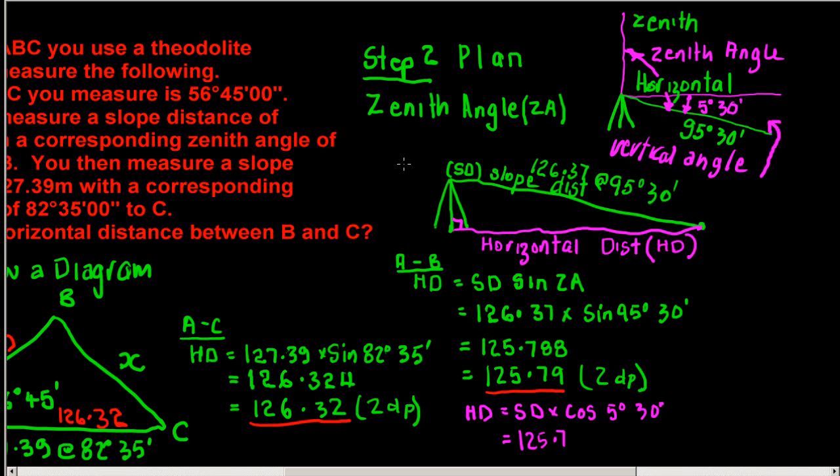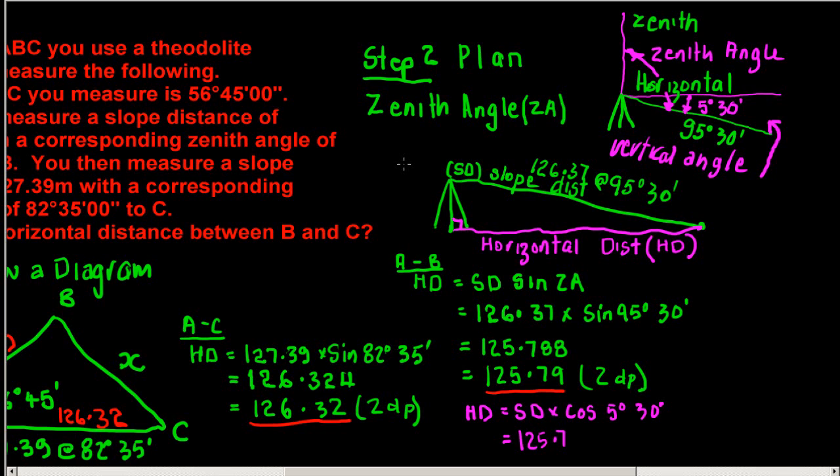So in this case, it's just 126.37 times sine 95 degrees 30. And you stick that into your calculator. Don't forget to convert the degrees and minutes to decimal degrees, and do the sine thing, multiply it out, round it to 2 decimal places, 125.79.